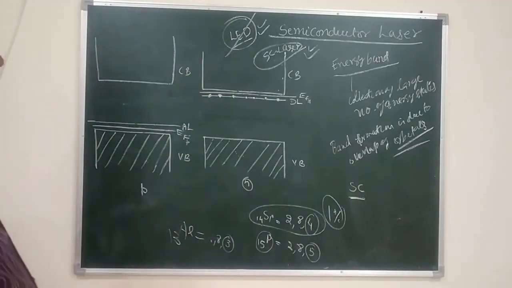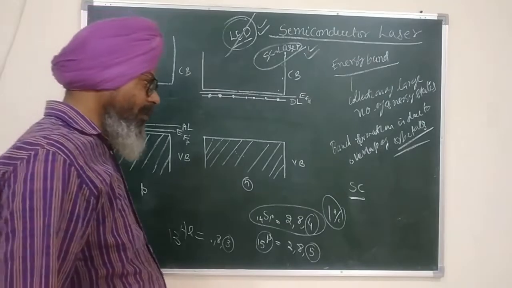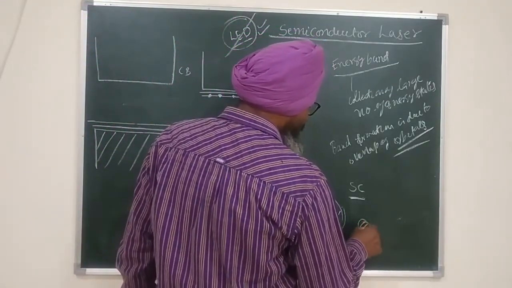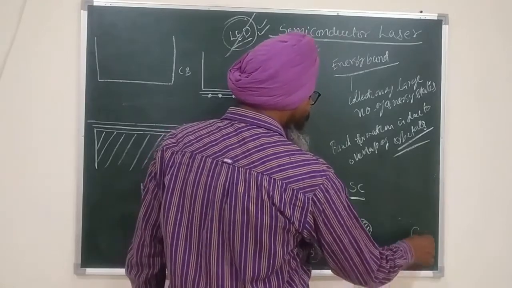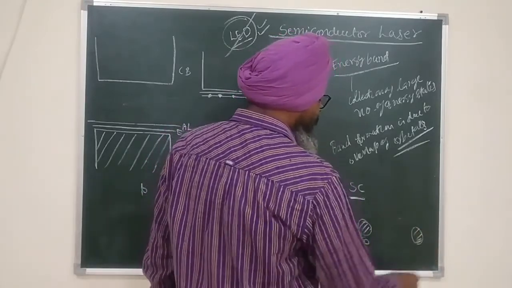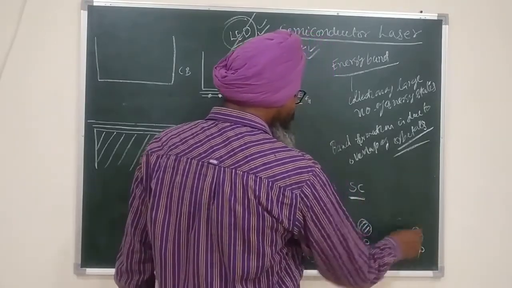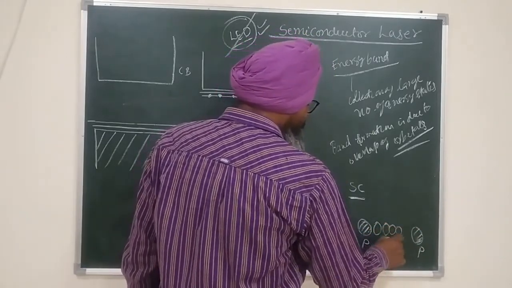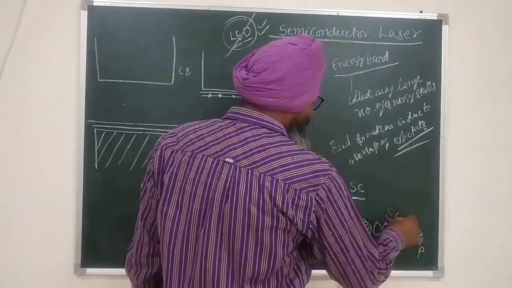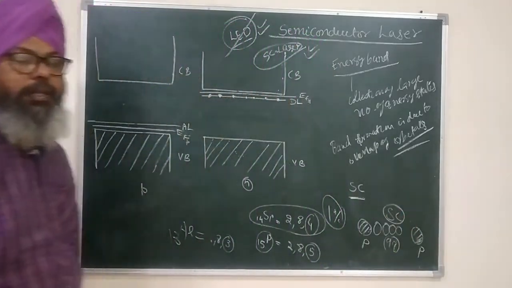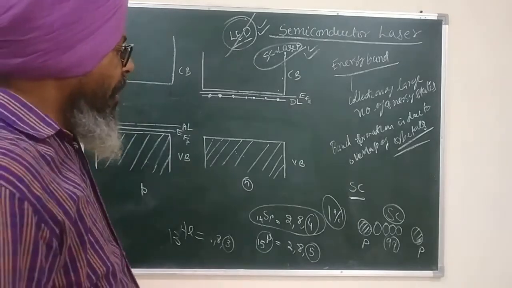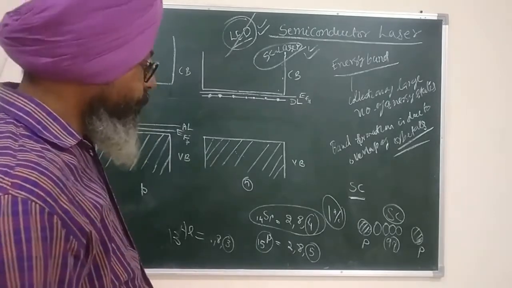Even if I assume 1% impurity concentration, what is the meaning of this? If I have this impurity atom, let us say phosphorus, and this is the next impurity atom, again phosphorus, then these two consecutive impurity atoms will be separated by at least 99 semiconductor atoms, because the concentration of the impurity is 1%.